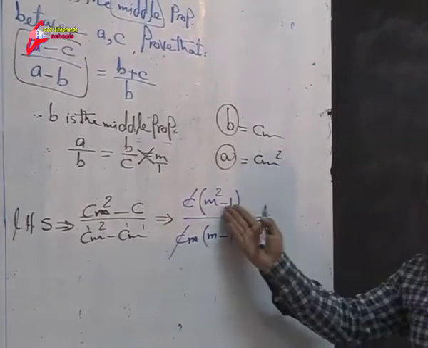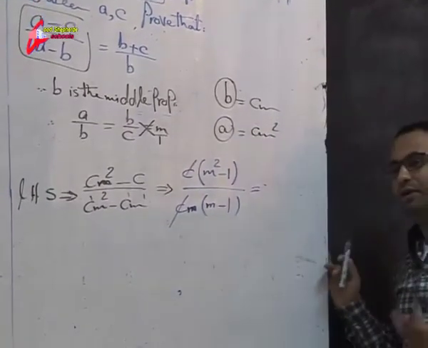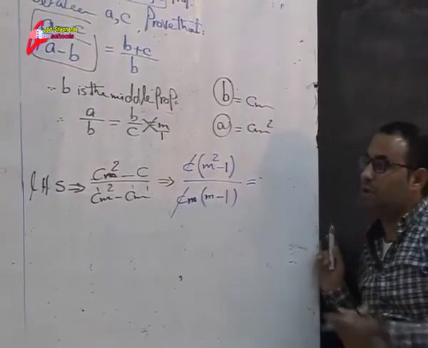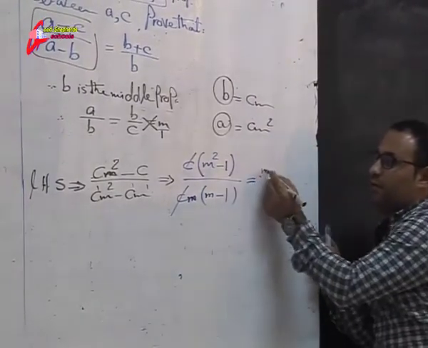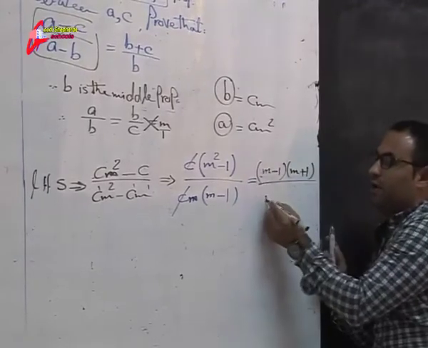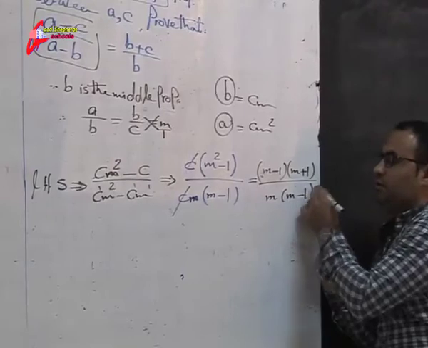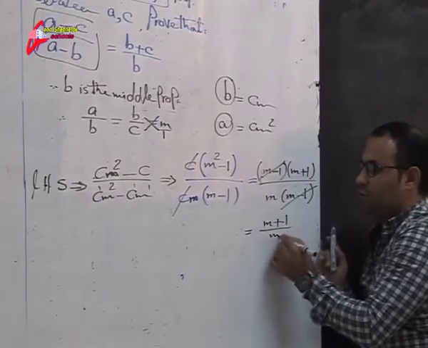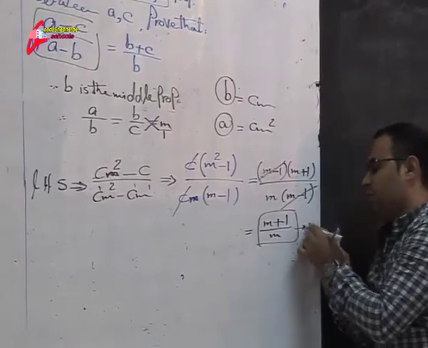So this operation is called, in second preparatory, the difference between two squares. So m minus 1 and m plus 1 over m and m minus 1. This with this, so the final answer will be m plus 1 over m, and this is number 1, the left hand side.